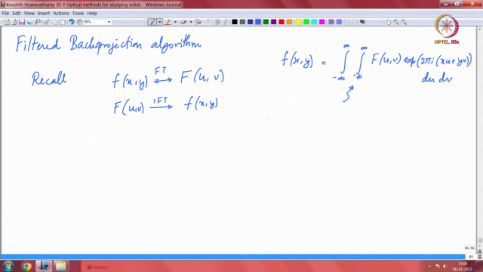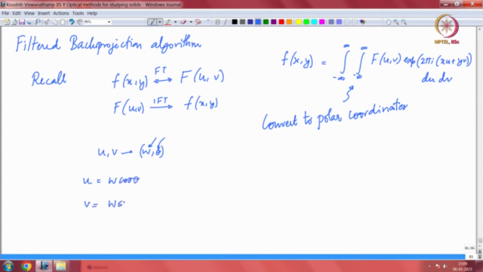So, let us start by converting this to polar coordinates. You basically convert u comma v to w comma theta, just like we had before. w is like a radial coordinate and theta is like an angular coordinate, but this is in frequency space. So, your u will be w cos theta and v will be w sin theta.